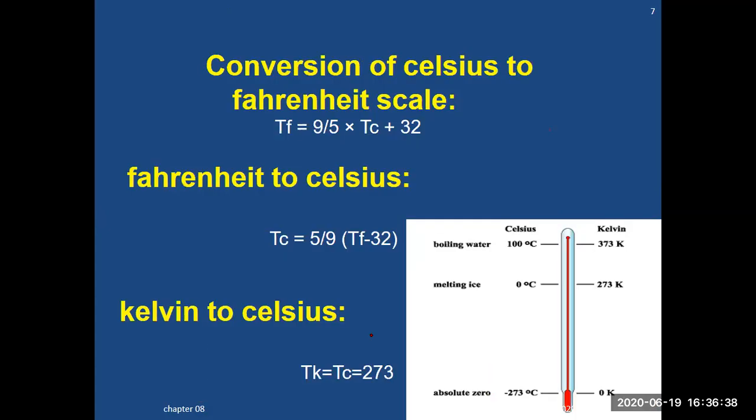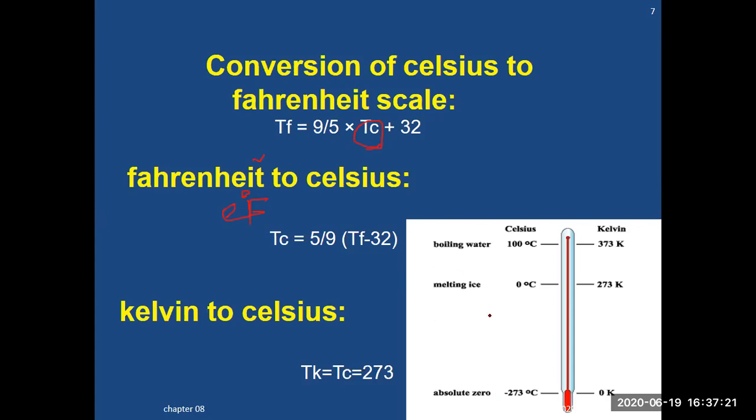Okay, conversion of Celsius to Fahrenheit. Suppose this is the temperature in Fahrenheit and this is the Celsius temperature. You will put the value of Celsius here, simplify, and you will get the temperature in Fahrenheit. You can also write it as degrees F. And then to calculate the temperature in Kelvin, there is a formula: Kelvin is equal to Celsius plus 273.